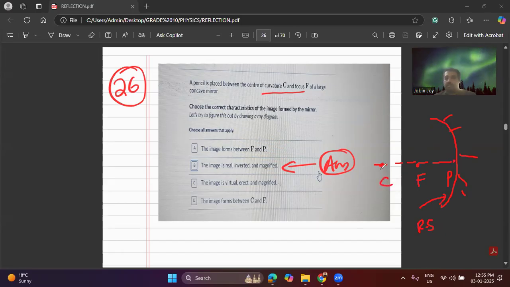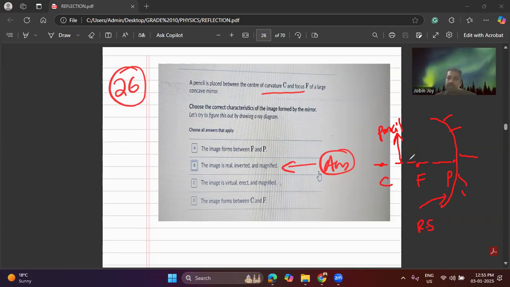The pencil is placed between the center of curvature and focus, so the pencil is here. This is the object. Choose the correct characteristics.